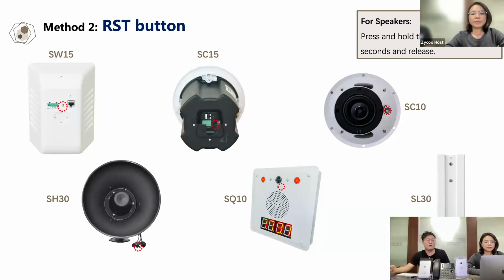By the way, the SH30's reset button is on the wiring harness, and for the SL30's reset button, you need to release the screw and you will see the reset button. This design is for better waterproof and dustproof performance.